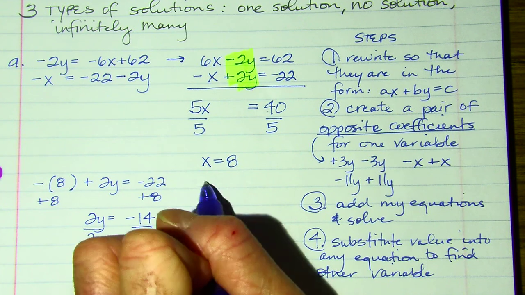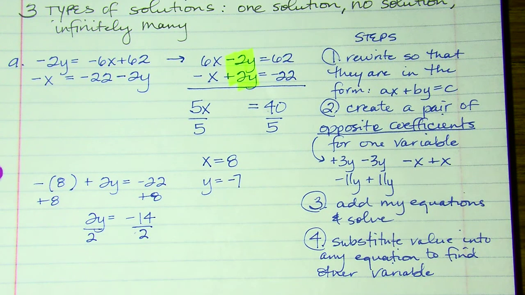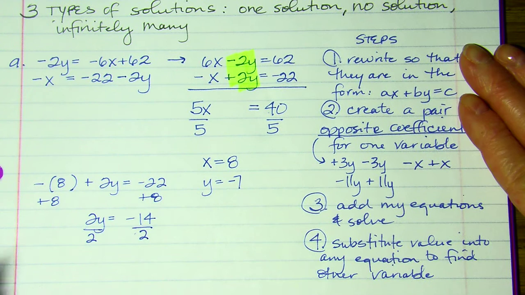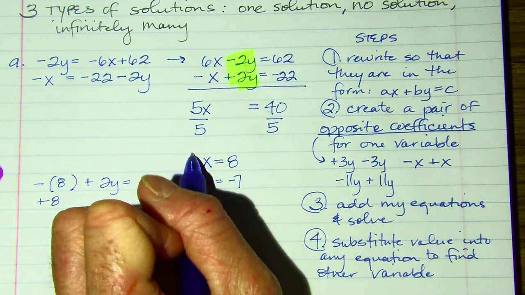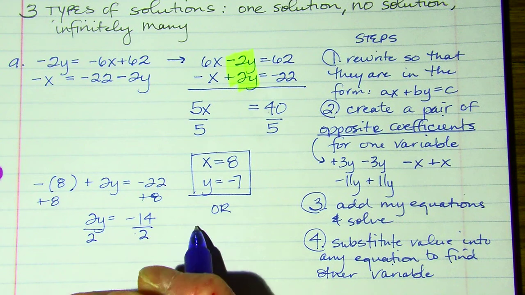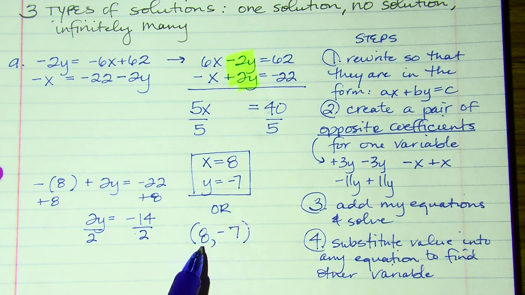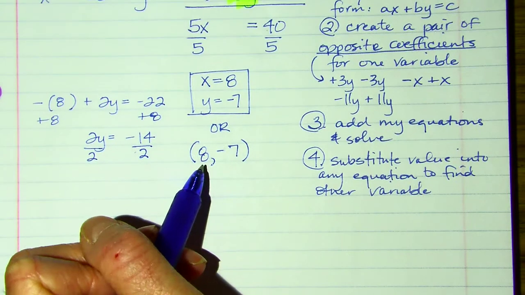And I have y equals negative 7. So I would say that these are my solutions. So I'm going to write my answer. You can circle here, or you could write it as a coordinate pair. It means that your lines intersect at 8, negative 7.